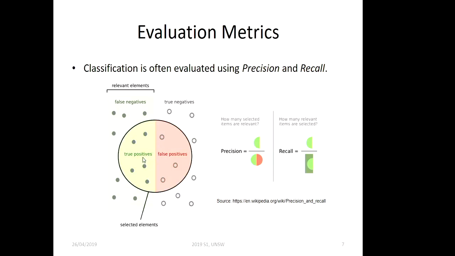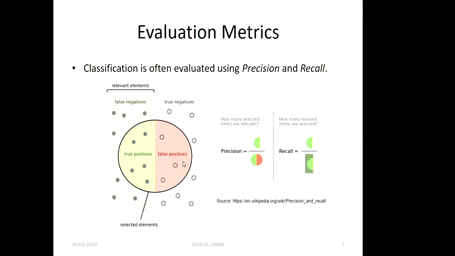If your classification gives you cancer, and they are really cancer, then that's considered a true positive. If your algorithm tells you it's cancer, but it's actually not cancer, then that becomes a false positive.